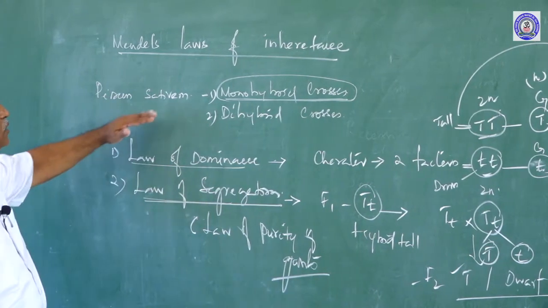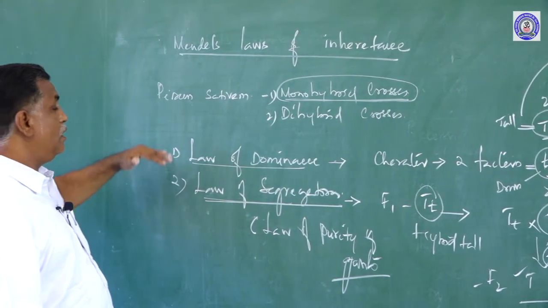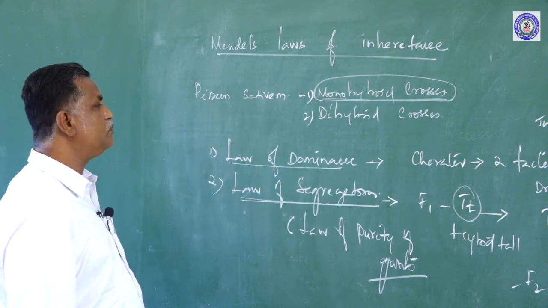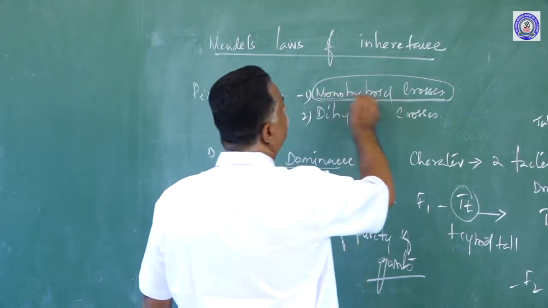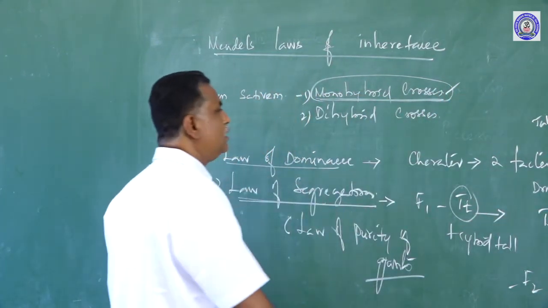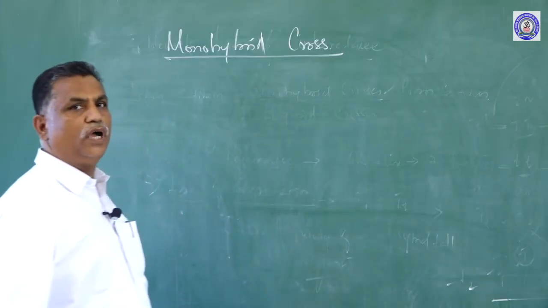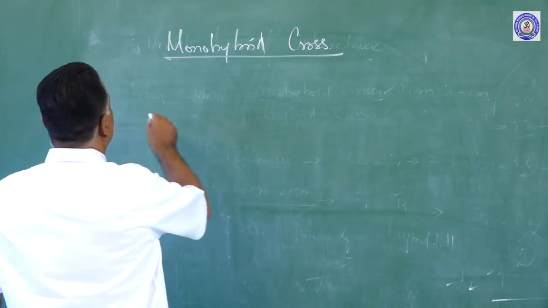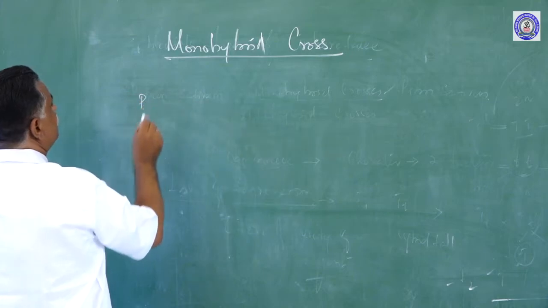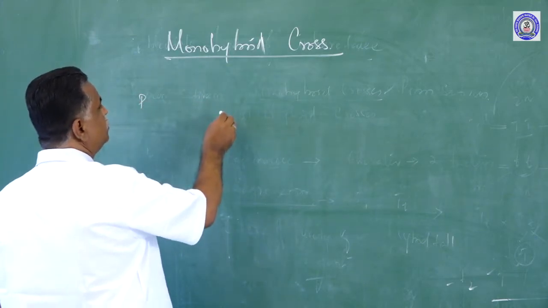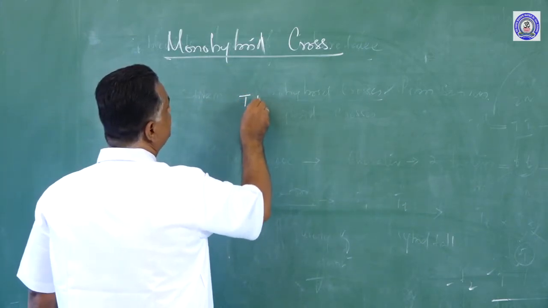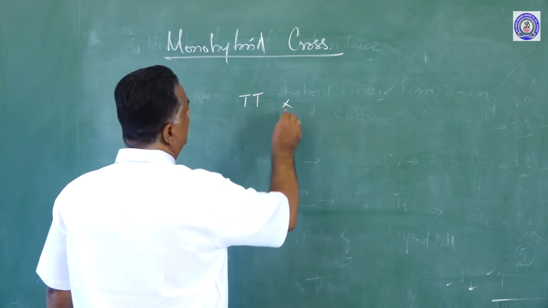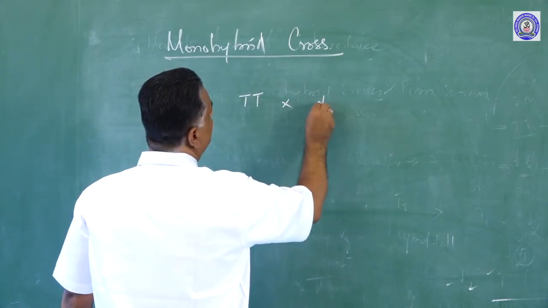These are the two laws proposed by Mendel, laws of inheritance or heredity proposed by Mendel based on his monohybrid crosses in Pisum sativum. Monohybrid cross. He selected a tall plant whose genotype is capital T, capital T, and a dwarf plant whose genotype is small t, small t.